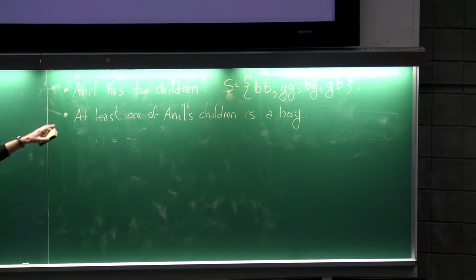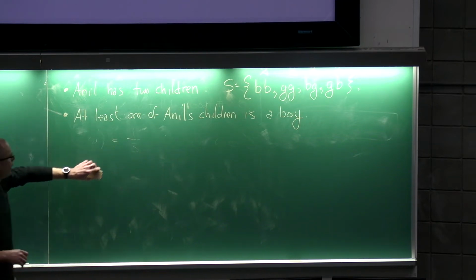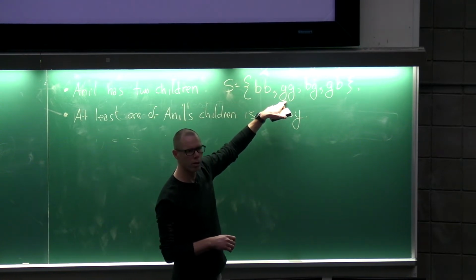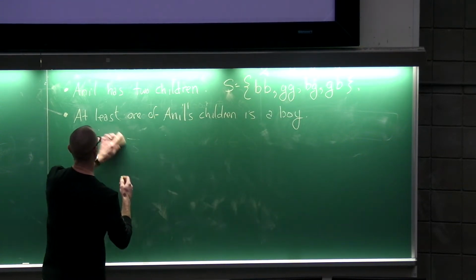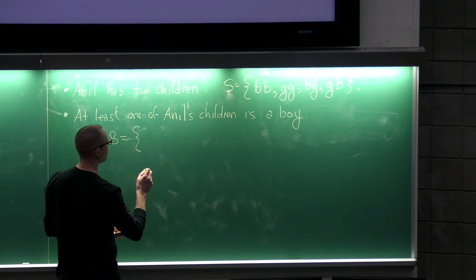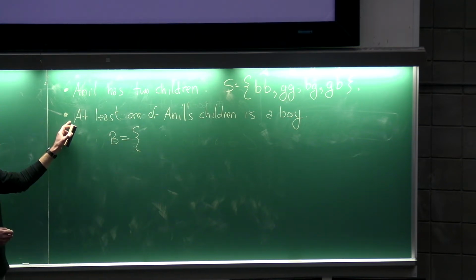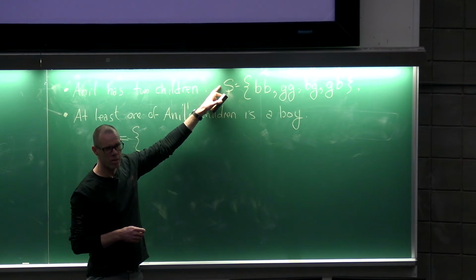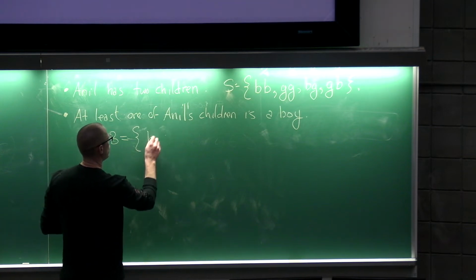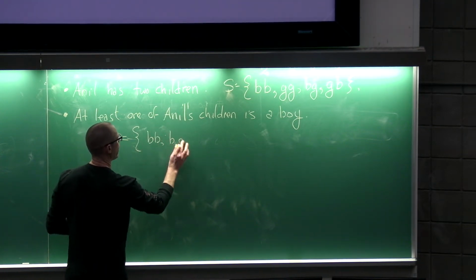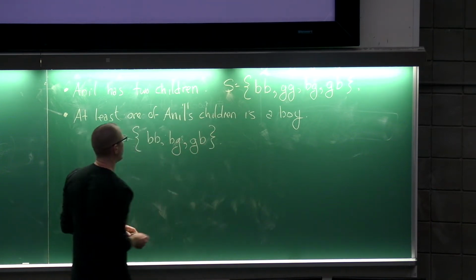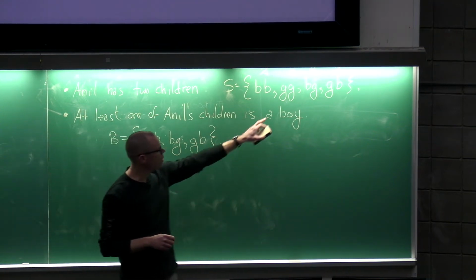But now I've told you that at least one of Anil's children is a boy. So that rules out one of these possibilities. That rules out this girl-girl possibility. So let's call that B. And so this is an event, right? So if this is a sample space of all the possible outcomes, this defines an event, and the event is 2 boys, a boy and a girl and a boy, but not included in that event is this outcome where it's 2 girls.